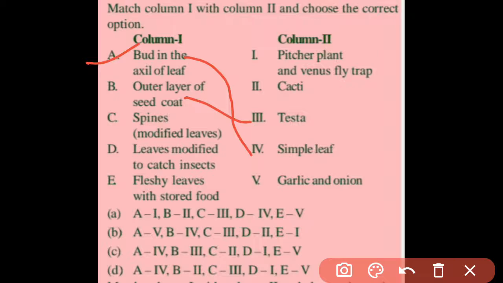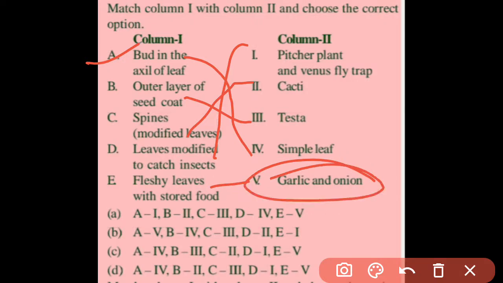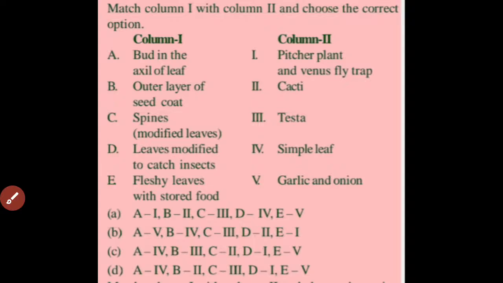Spines, modified leaves, so it is basically cacti. Leaves modified to catch insects, pitcher plant and Venus flytrap. And the last option is fleshy leaves with stored food, so basically garlic and onion. So option C is correct. Let's move on. Next question.